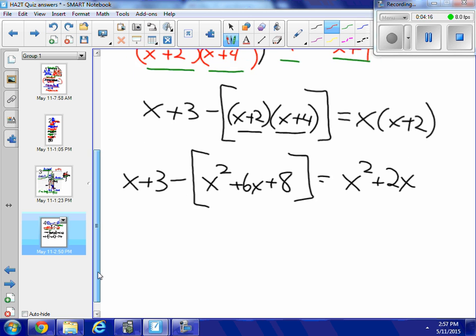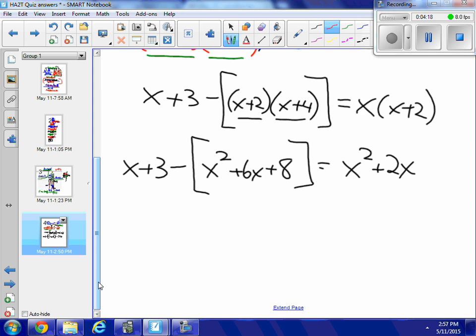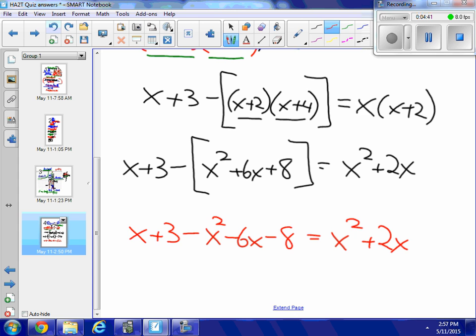So let's just work on that, and then we'll talk about it a little bit more. x plus 3 minus x squared minus 6x minus 8, because this minus sign goes to all three terms, is equal to x squared plus 2x.